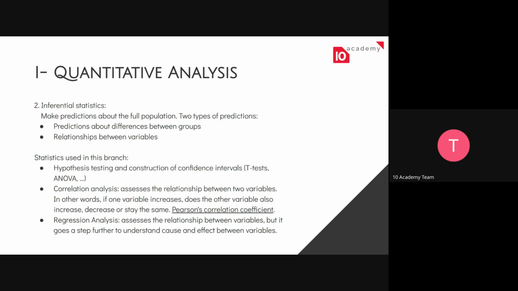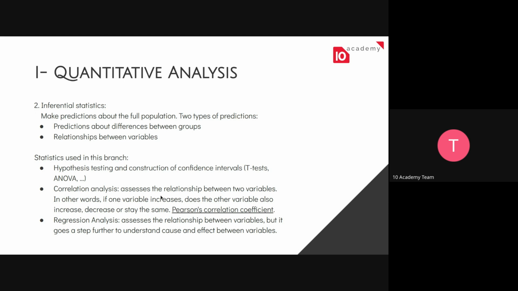I'm not going to go into what hypothesis testing is, but I'm assuming you have some idea about this. You also have correlation analysis, which is when you assess the relationship between two variables, whether they increase together, decrease together, or are unrelated at all.